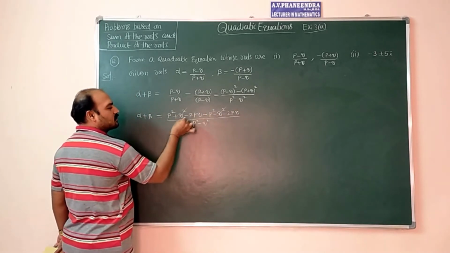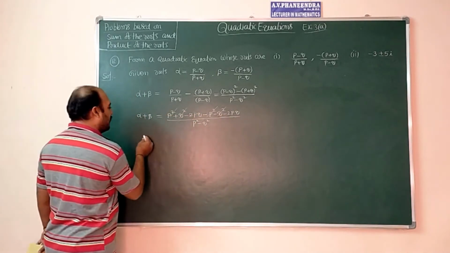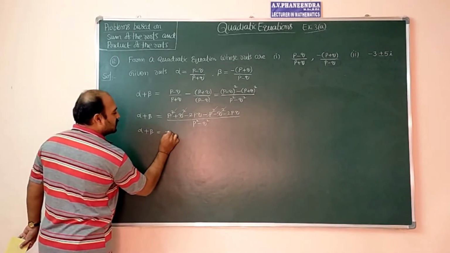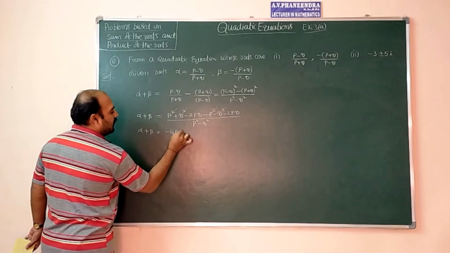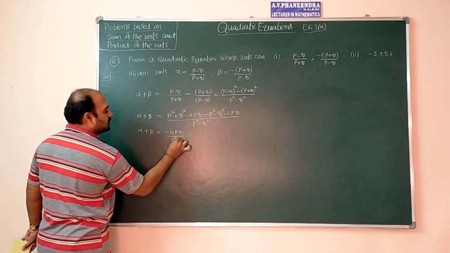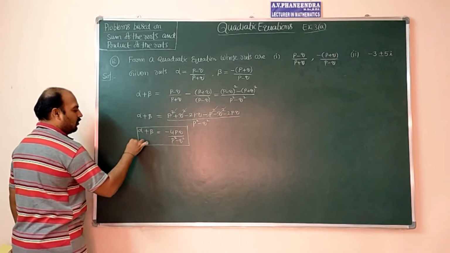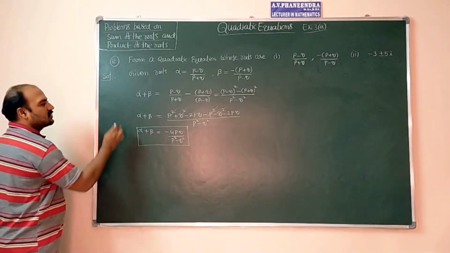So alpha plus beta equal to minus 4pq divided by p square minus q square. This is the value of alpha plus beta. This is the sum of the roots.